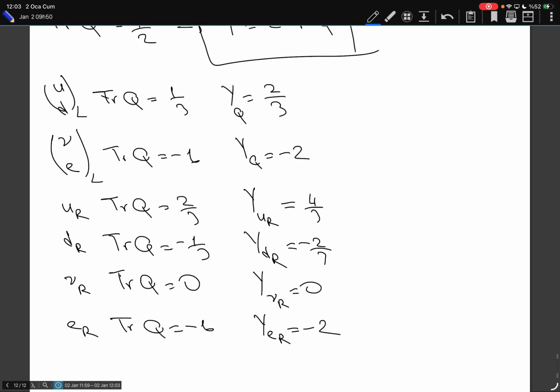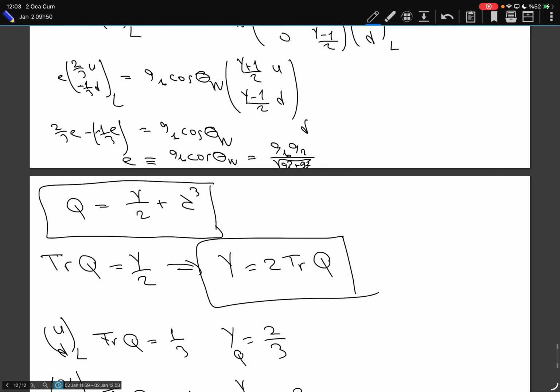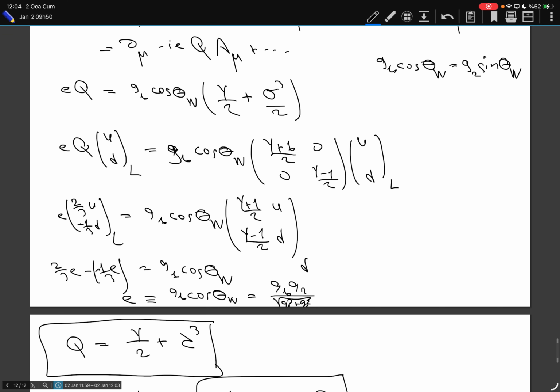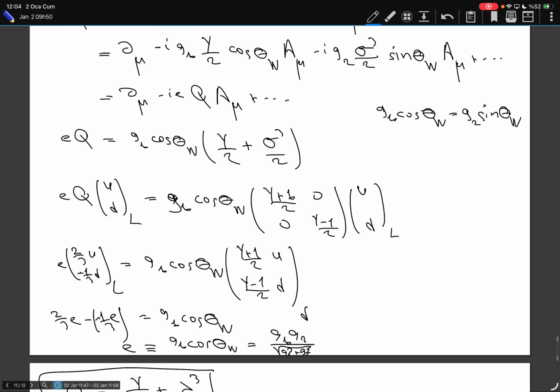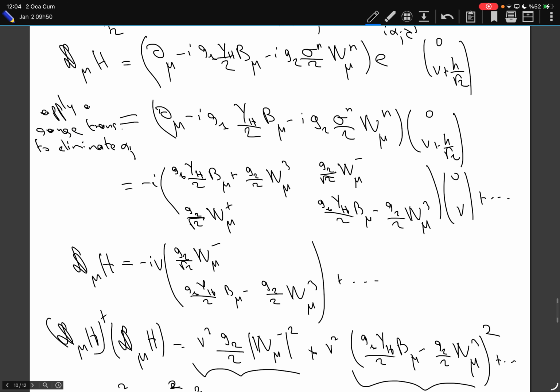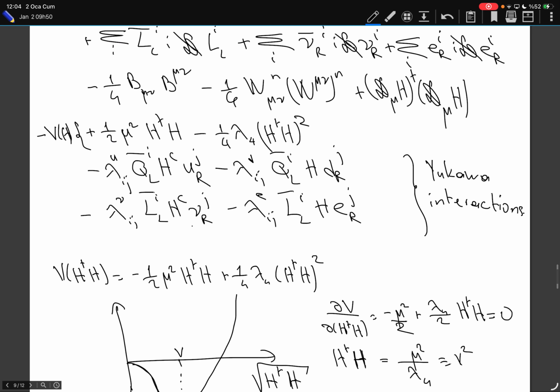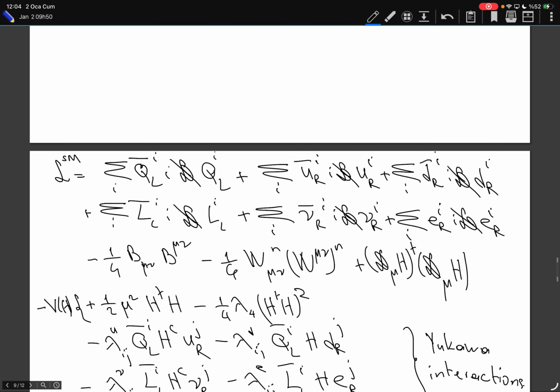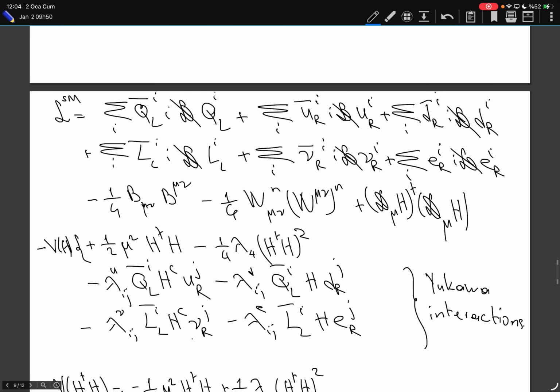Okay, so we have identified the electric charge, we have identified the electromagnetic current, we have looked at the masses of the W and Z bosons and the photon. What about the masses of quarks? Let's look at the masses of the quarks. The masses of the quarks appear from these terms.